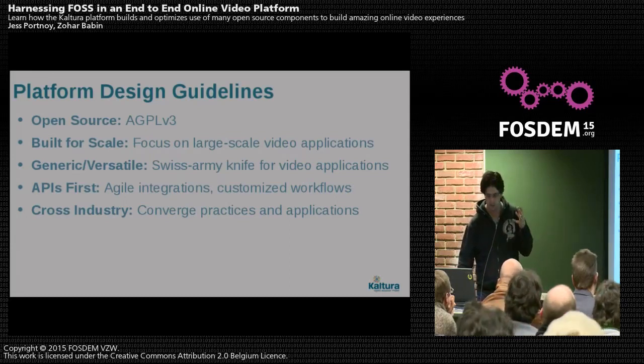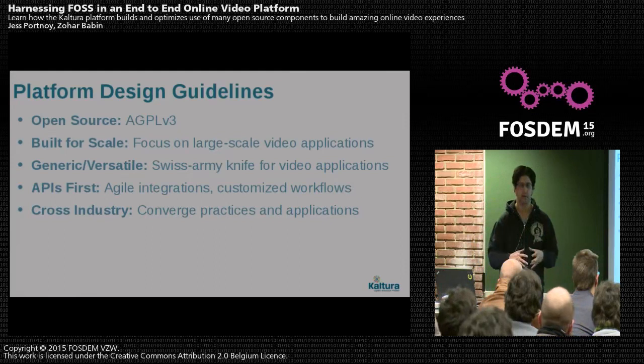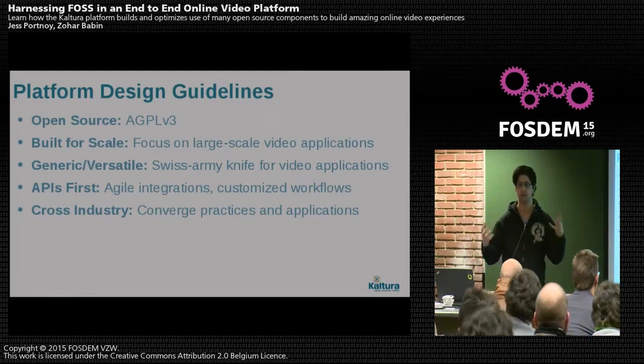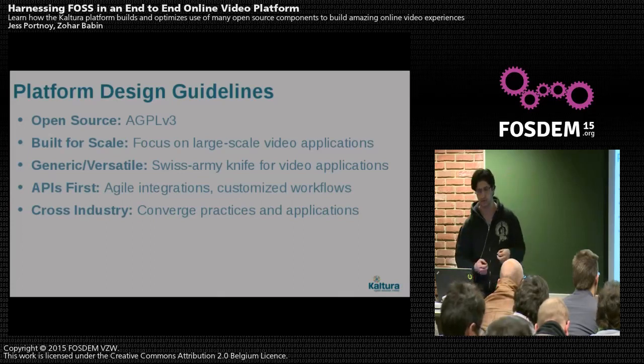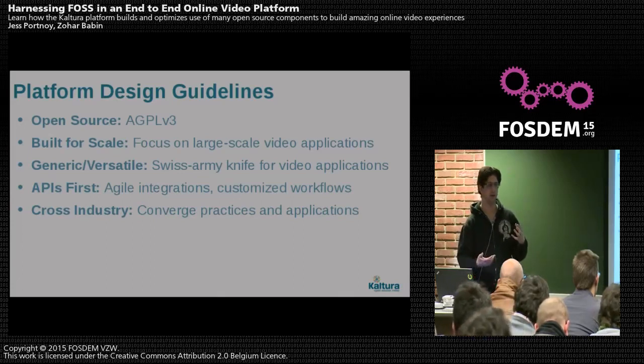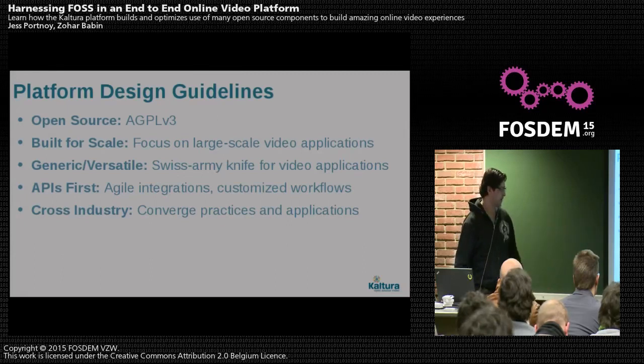Generic, versatile, or in other words, basically become the Swiss knife for video applications. So one backend with a unified API that allows you to create applications that are cross-industry, cross-use cases, without having to worry about how do I manage FFmpeg? How do I work with this storage? How do I work with that distribution API? So again, APIs first, and then cross-industry.